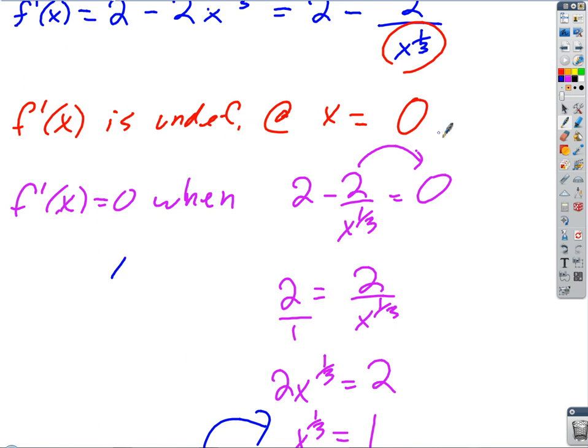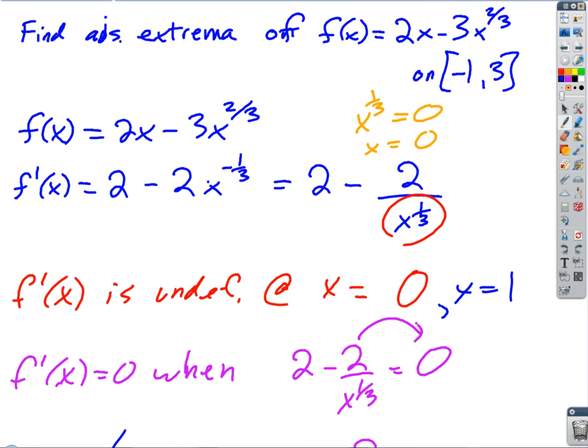So we've got x equals 0 and x equals 1. Let's go check the values of our function.